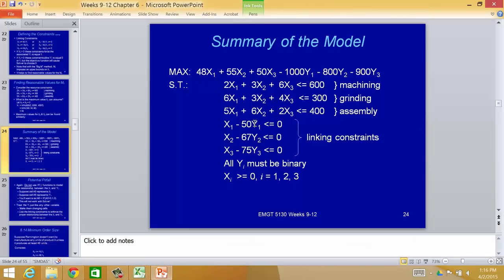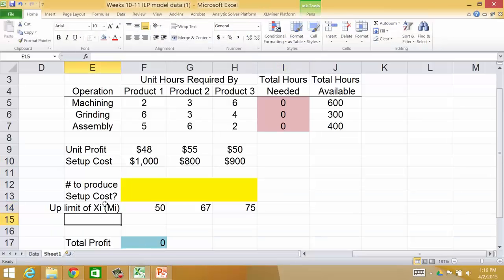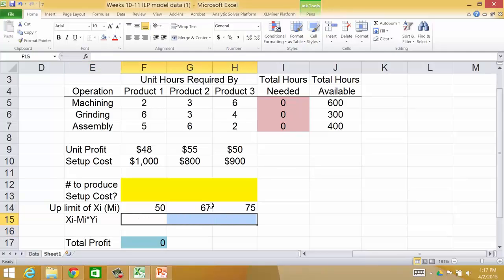And to get the left-hand side of the constraints, we need xi subtract the big M times the y. So in this row, I'll put xi subtract mi times our yi.